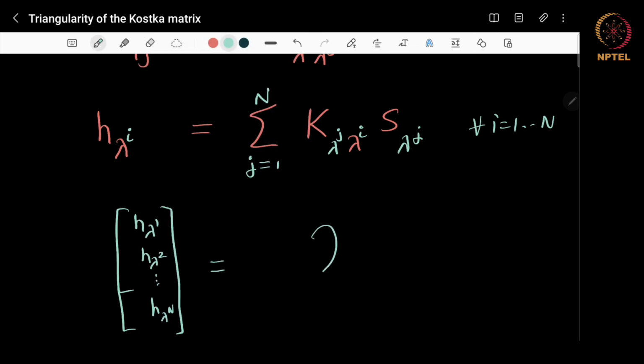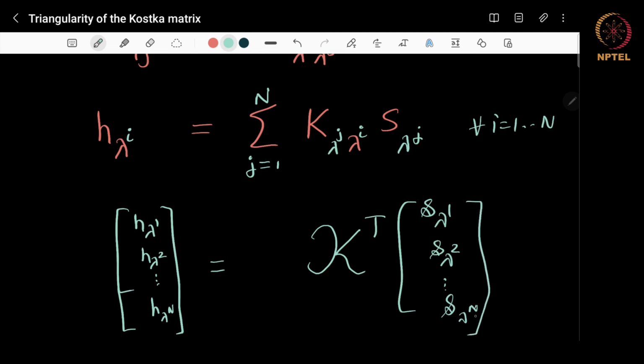So take the script K matrix that I wrote out, take the transpose of that matrix, and then multiply by the Schur function vector s lambda 1, s lambda 2, and so on. So this is just a matrix way of writing that equation that we had earlier, the one above. So the vector of h's is K transpose times the vector of s's, and therefore if you show that the script K matrix is invertible, then we are done.